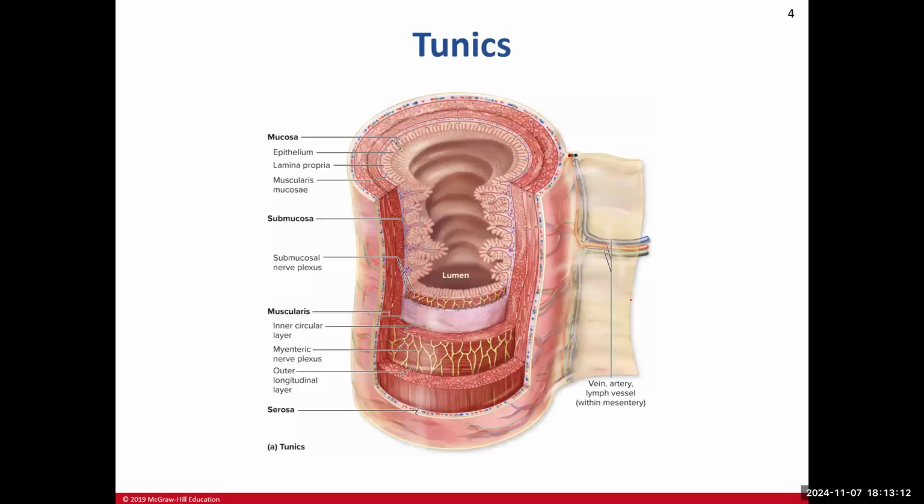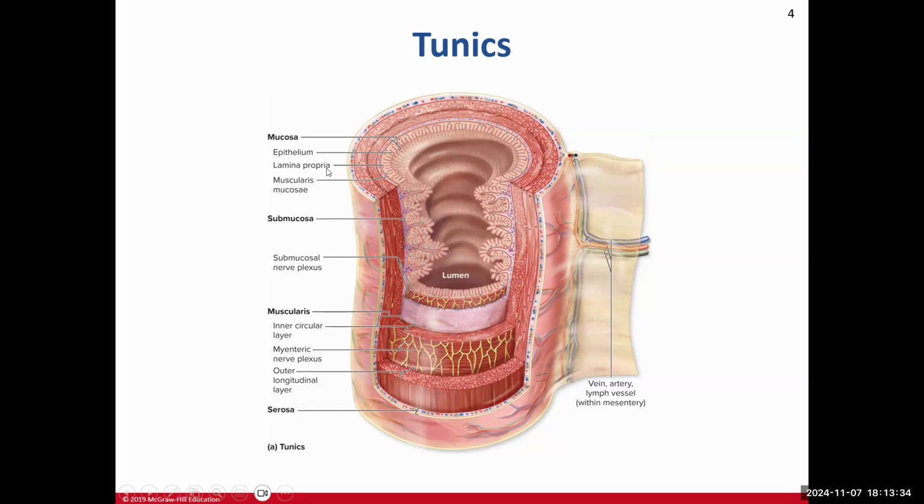So here's a great picture of our different tunics. We'll go through all the various layers individually, but you can see first we're going to start off with the lumen. That's the space within our digestive tract, the tube. And then it's lined by, take a guess, what does that type of tissue look like?